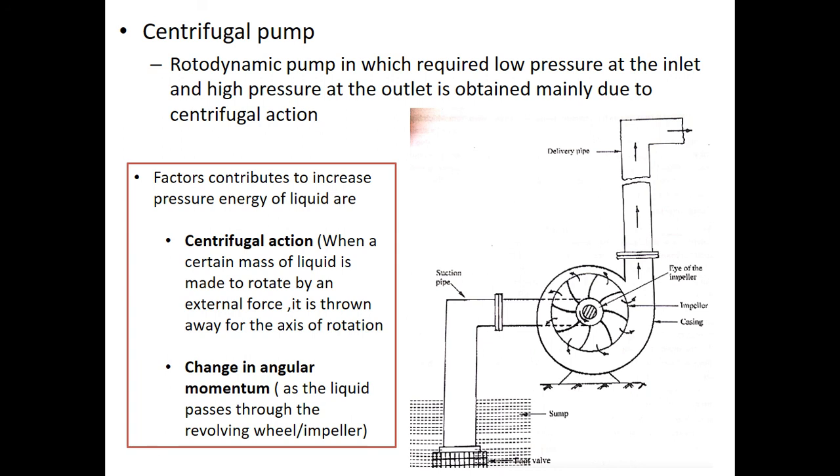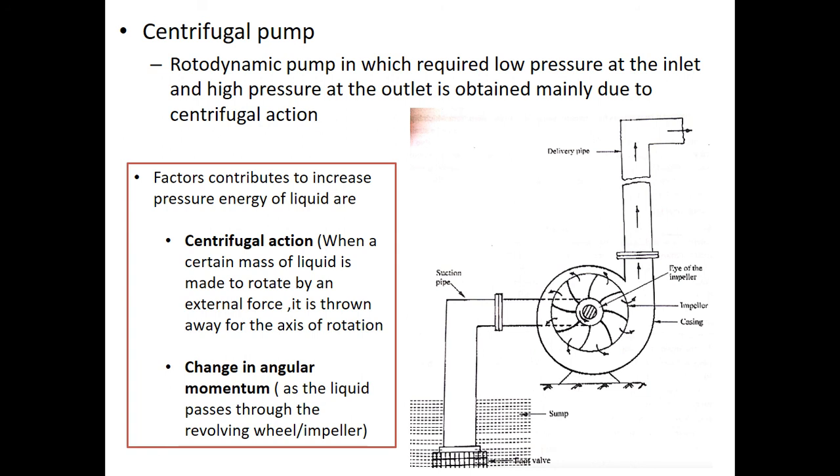The schematic diagram of the centrifugal pump is shown on the right side of the slide. You can see there is an impeller at the center, a casing which covers this impeller, a delivery pipe, a suction pipe, a foot valve, and a strainer. So these are the main components of a centrifugal pump.